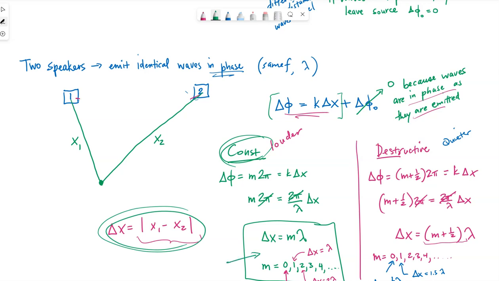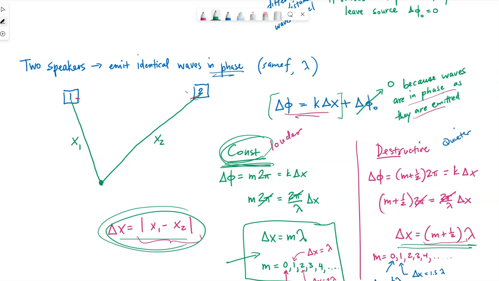If that difference happens to be a whole multiple of a wavelength or 0, then we know we have a situation of constructive interference. Or if this difference is some multiple of half a wavelength, then we know we have a situation of destructive interference. If it's something in between, then we don't have either perfect constructive or destructive interference.